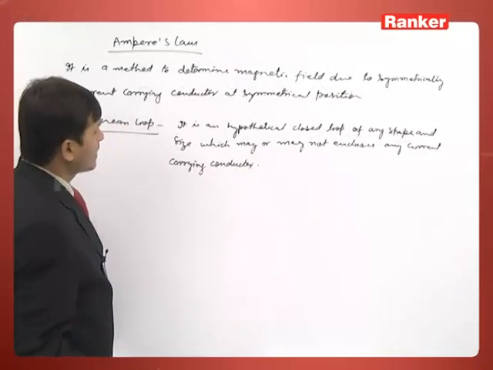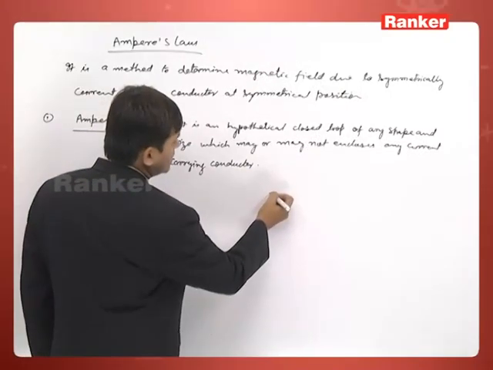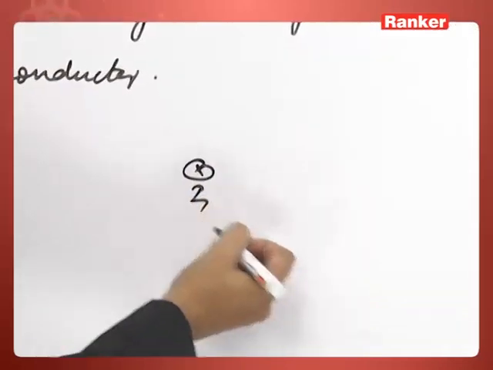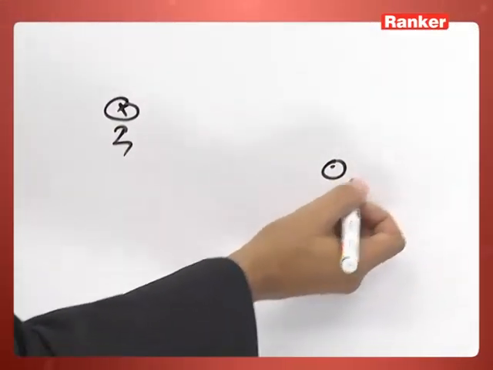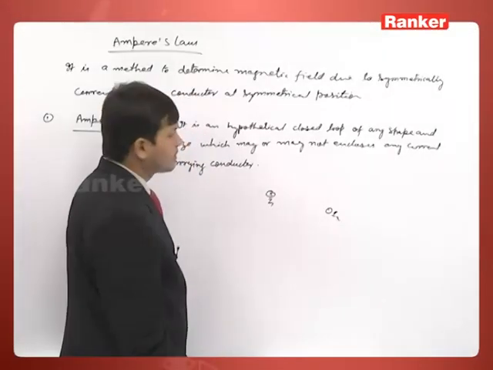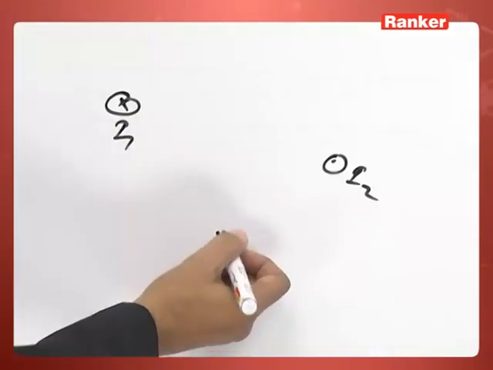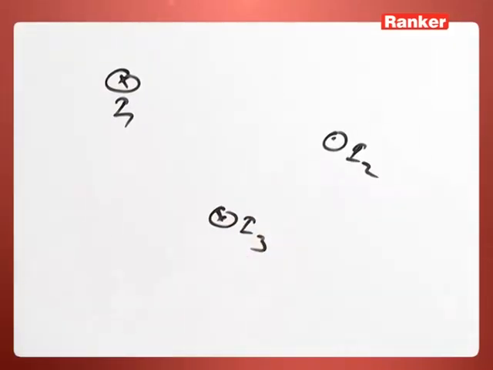It means, for example, we have certain current carrying conductors in which the currents are I1, I2, I3, like this.